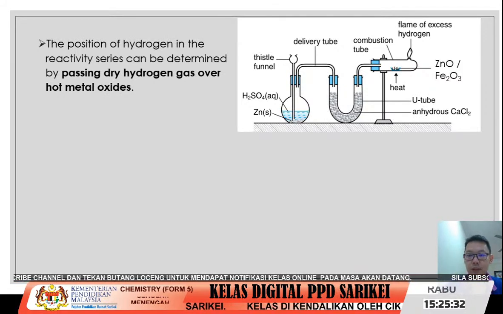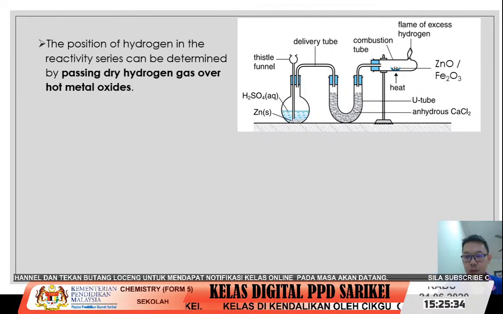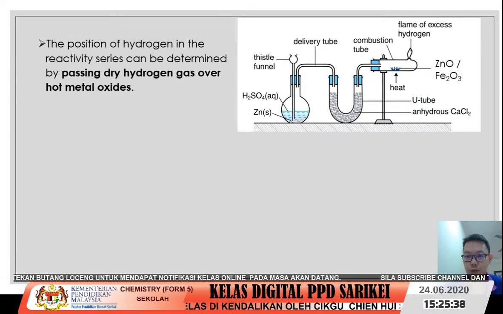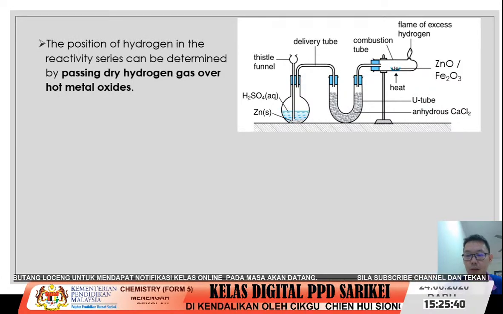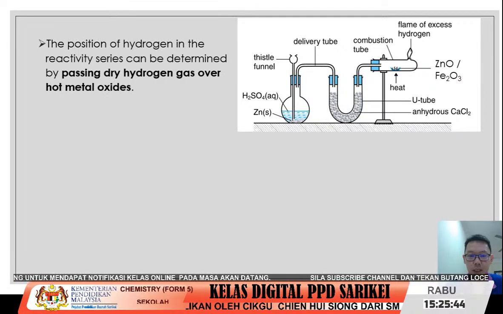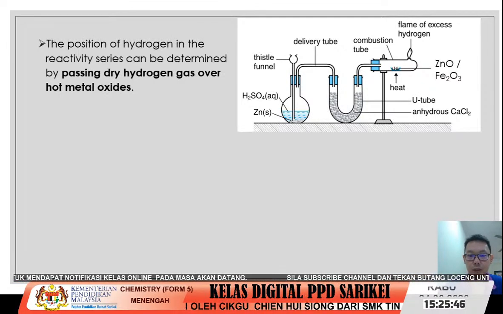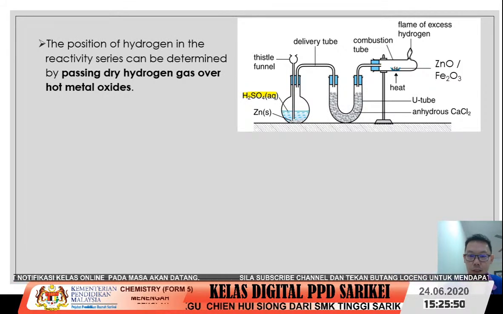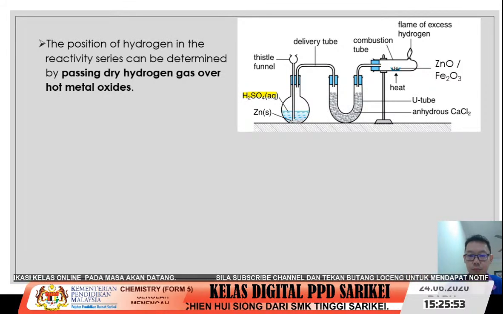So we place zinc oxide powder on an asbestos paper inside a combustion tube, and then we heat the metal oxide first. At the same time, we add sulfuric acid into a round bottom flask containing zinc granules.